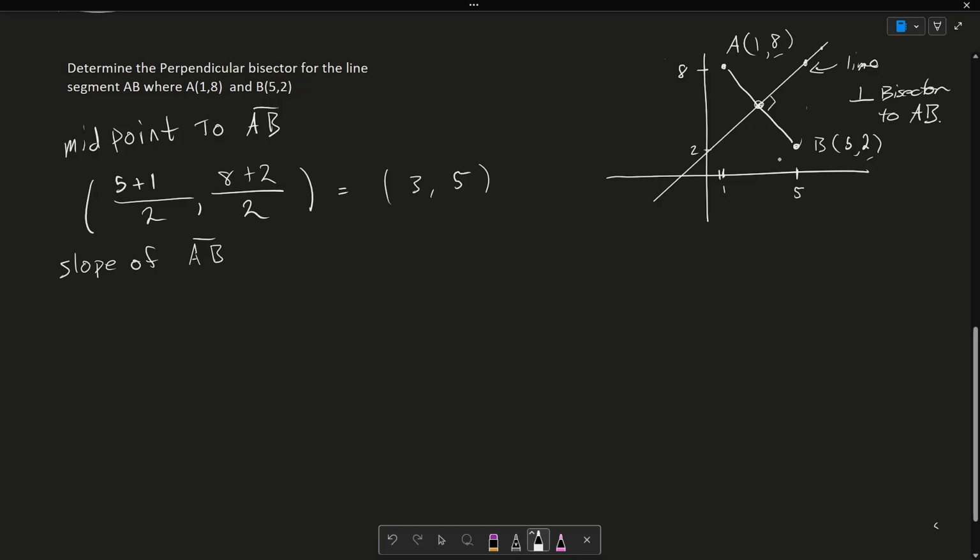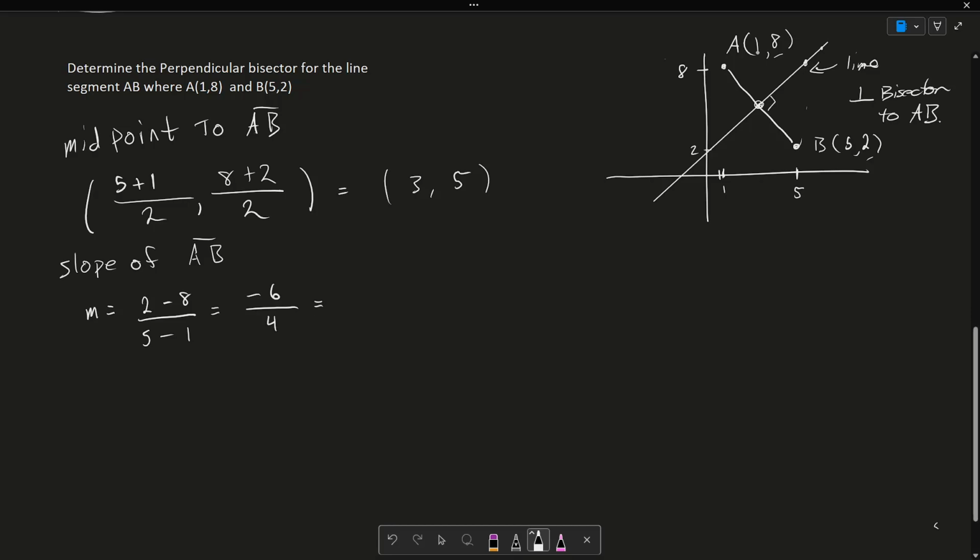To find the slope of AB, I do the difference in the y-coordinates over the difference in the x-coordinates. So I'm going to go 2 minus 8 over 5 minus 1. Last unit we did the slope of a line, so we're looking at negative 6 over 4.